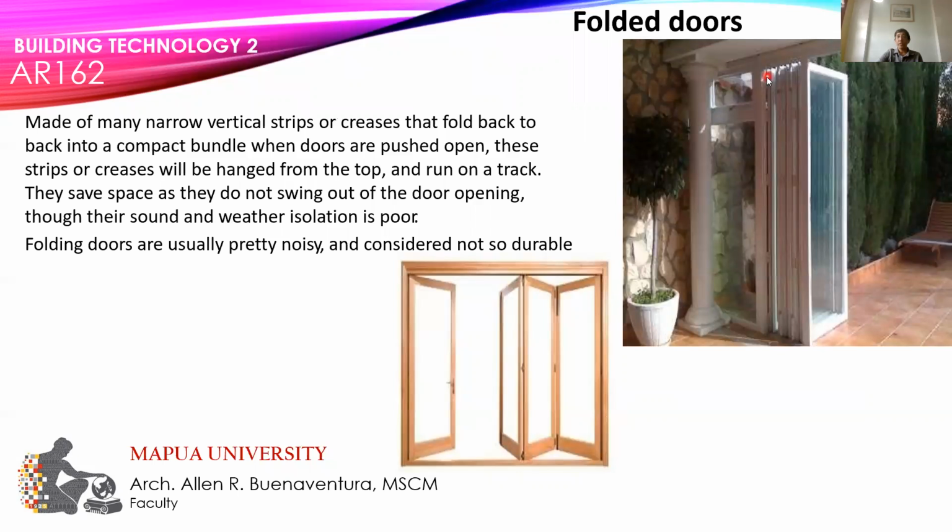As you can see, if you put a folding door, there will be gaps between the doors, and these gaps will be a source of noise transfer from one room to another. If you want to use this folding door for purposes that need acoustical properties, you need to put acoustical insulation and padding on the door to reduce the noise transfer from one room to another.